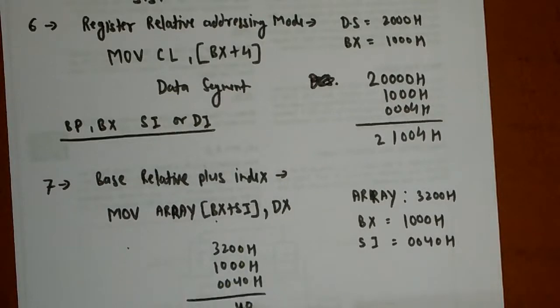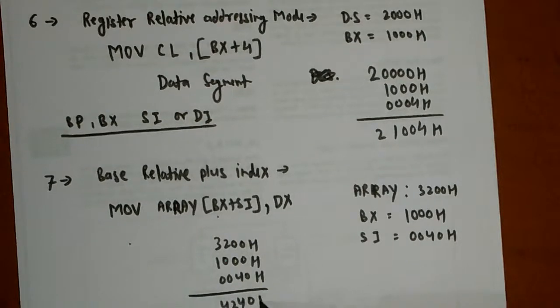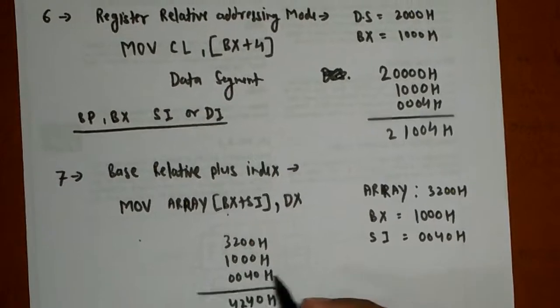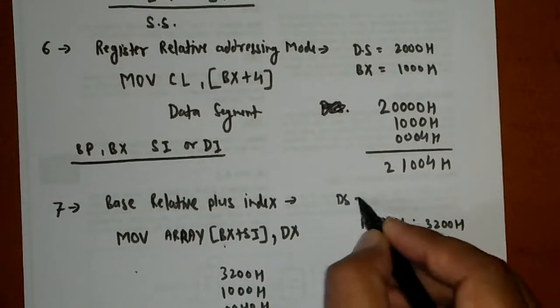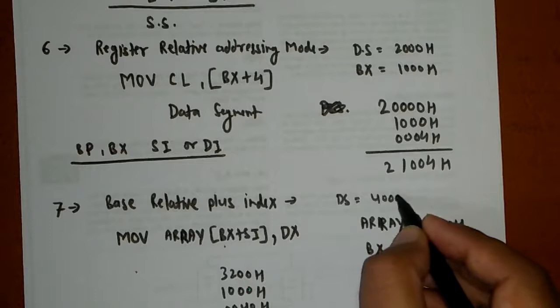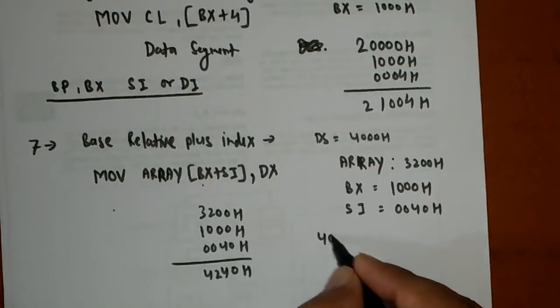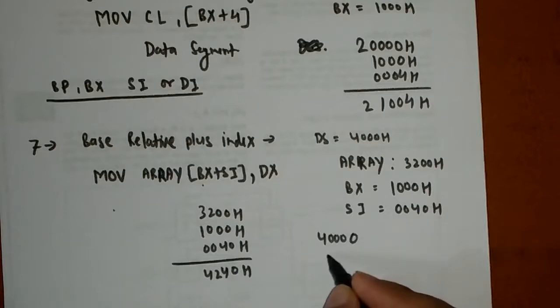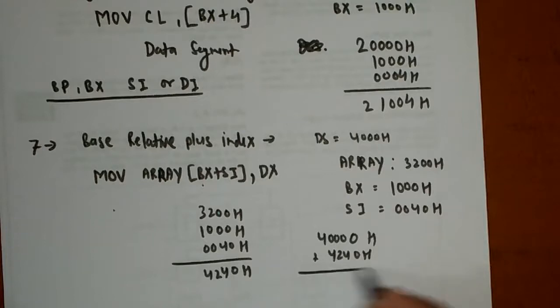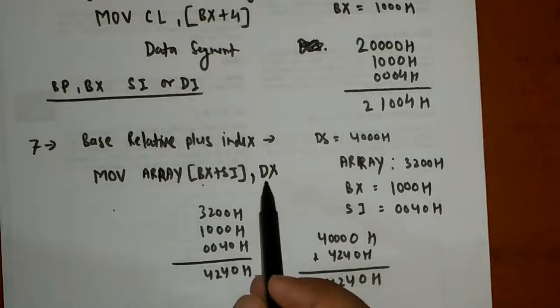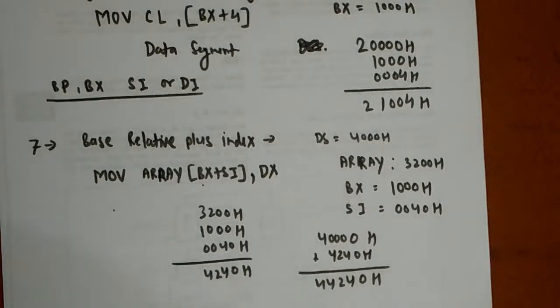So it is 4240h. This is the overall effective address, and now we will use the data segment value. If we have taken the data segment as 4000h here, the effective 20-bit address will be 4000, we add a 0 at the end, plus 4240h, and we add these two values and we get 04244. So this is the 20-bit address. The content of the DX register will be copied to this memory location.